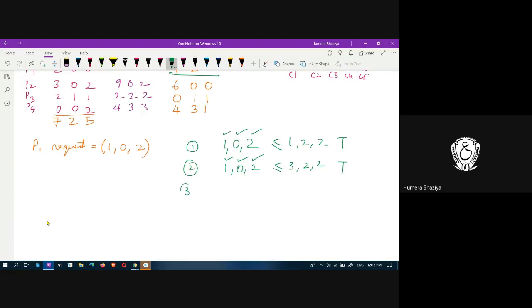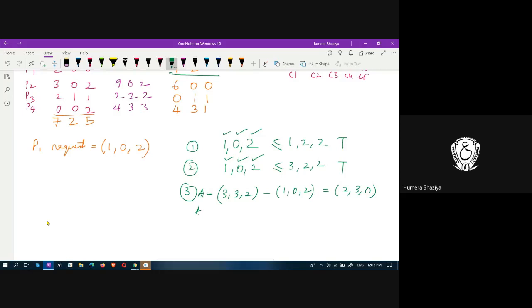What are you doing in step 3? You are actually allocating. Whatever is available, 3, 3, 2, available equals available minus request. What is the request? 1, 0, 2. So now available is 2, 3, 0. And what is allocated?